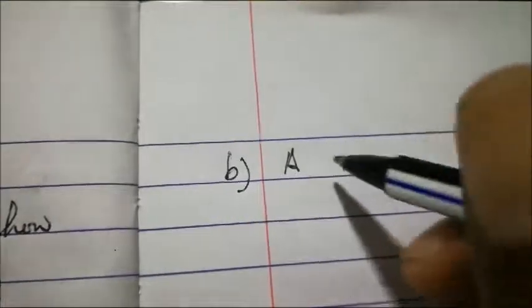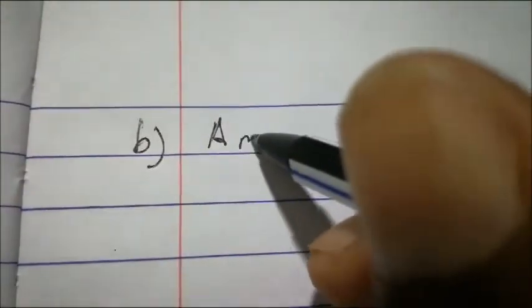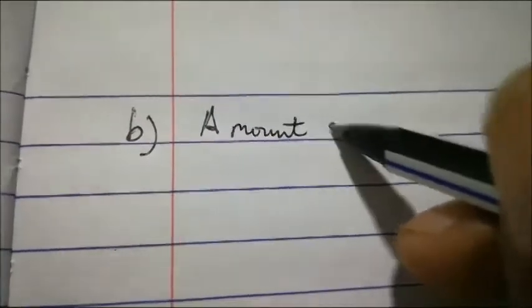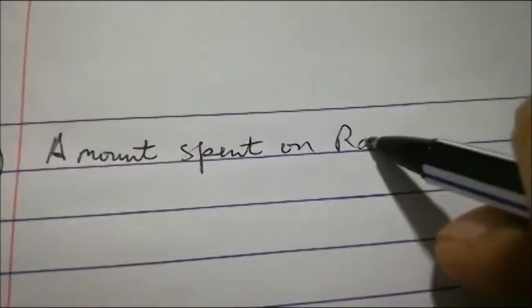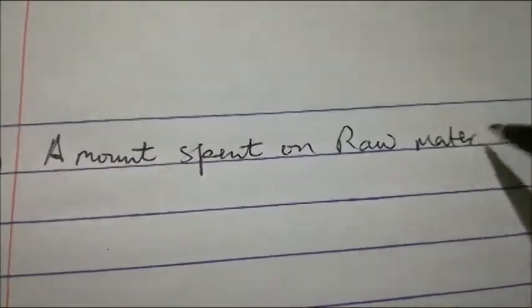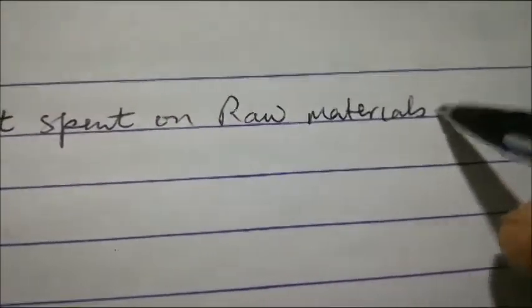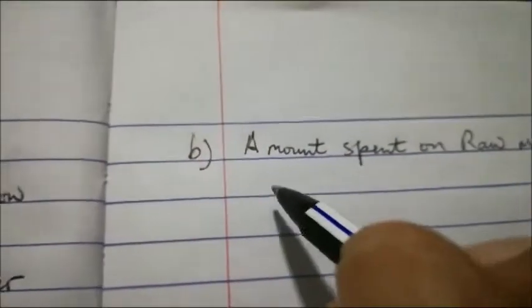So we could say in section B, the amount spent on raw materials would be actually 360 degrees in terms of the measure now. We're working out the measure first.